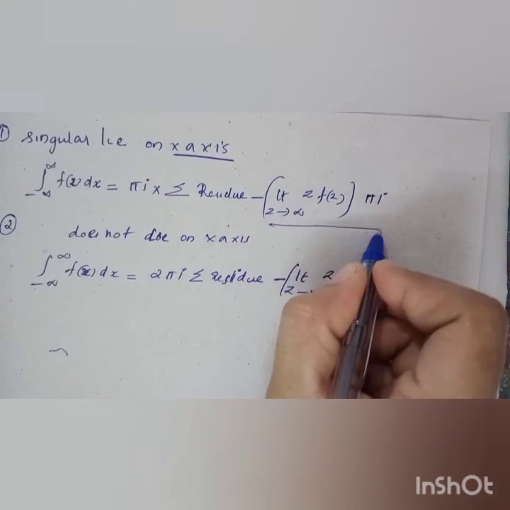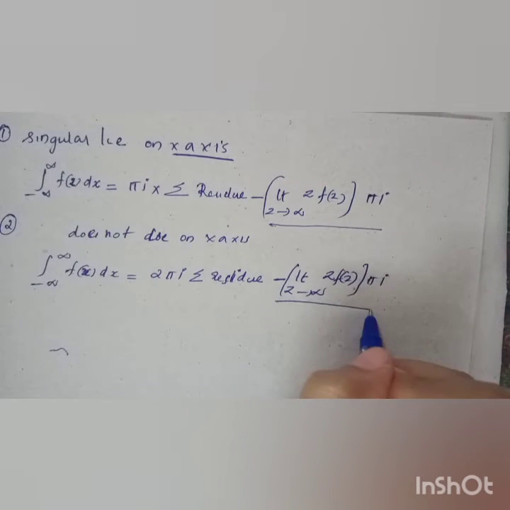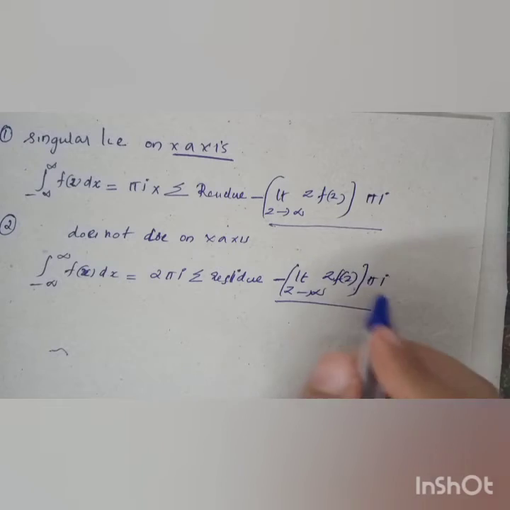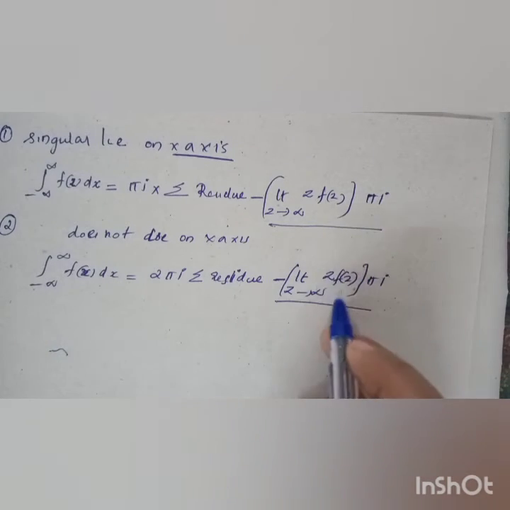So this is the Jordan's lemma term, which is commonly 0.